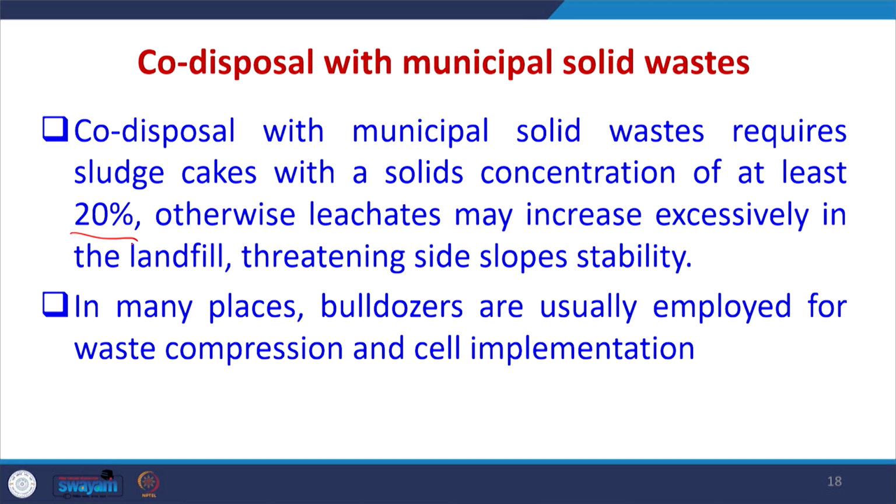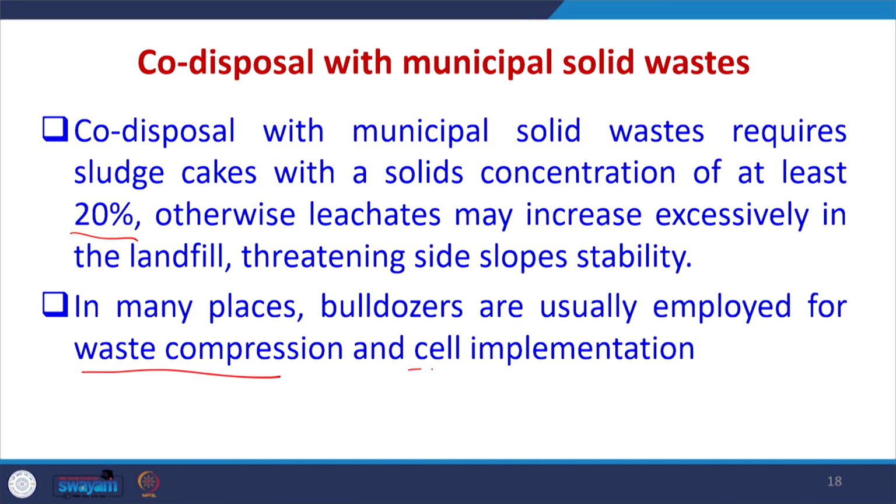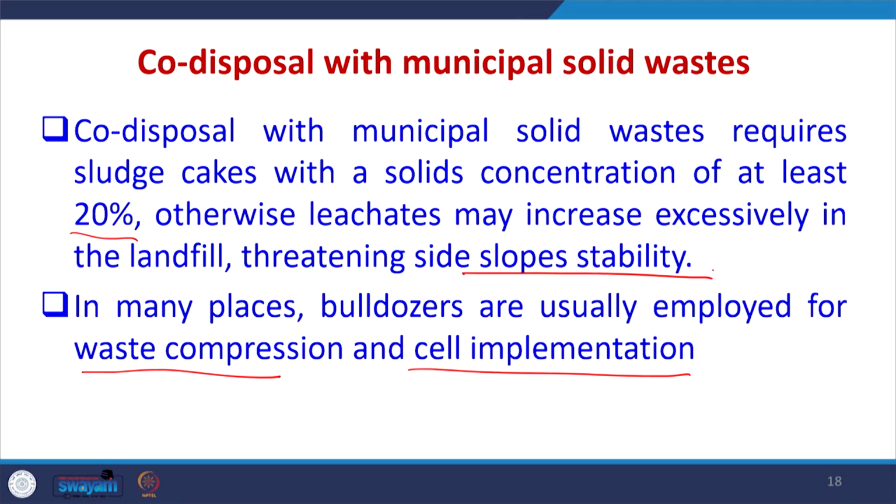Otherwise, leachates may increase in the landfill, threatening side slope stability as well as leaching into the water. In many places, bulldozers are usually employed for waste compression and cell implementation when the solid concentration is less than 20%. So, we have to go for more than 20%, otherwise slopes are unstable, which is not desirable at all.